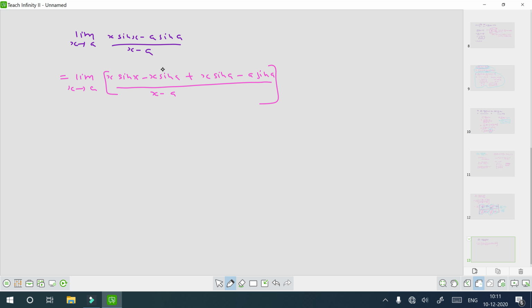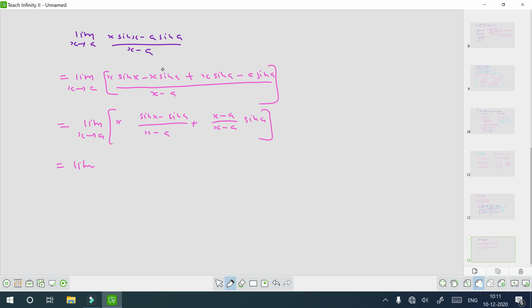Clear? So that is equal to limit x tends to a, take x common, what do you get? Sin x minus sin a over x minus a, plus sin a common, so (x minus a) over (x minus a) into sin a.